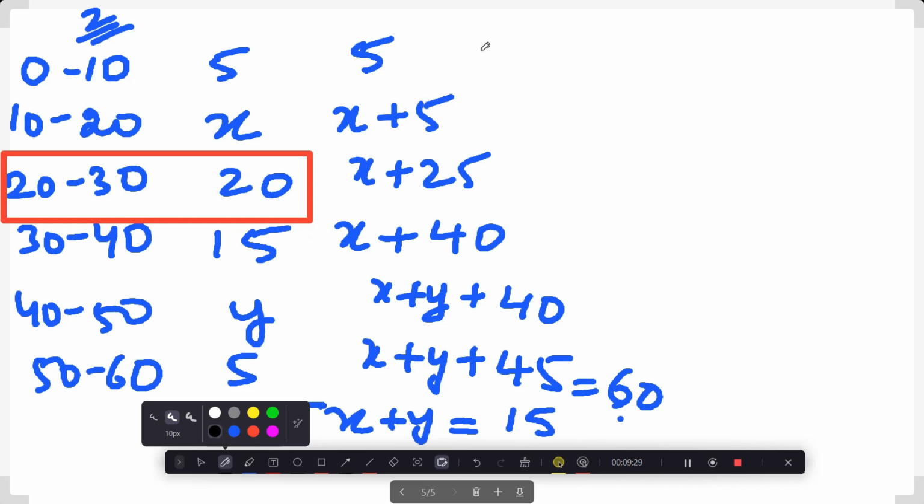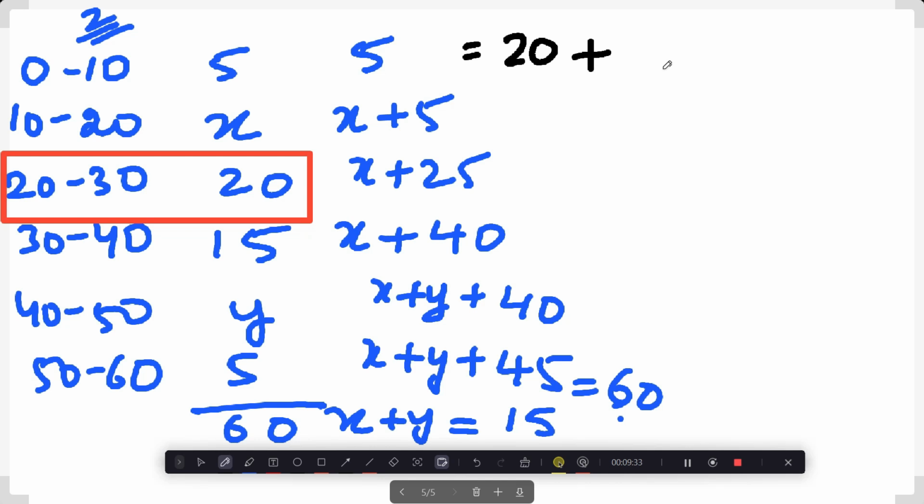So what is the formula for median? Lower limit of the class plus n by 2. What is n? 60.